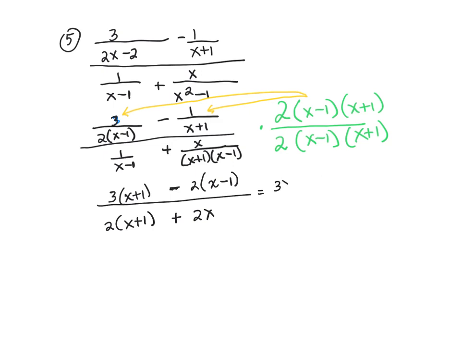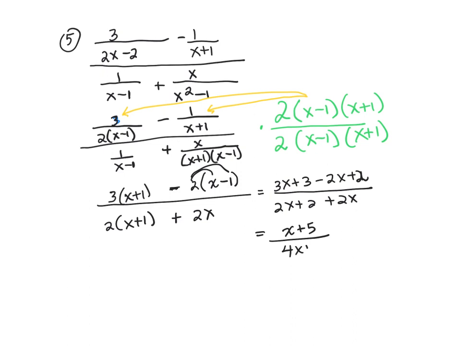Now let's work this out, distribute and combine like terms, and see if we could factor. So we get 3x plus 3 minus 2x plus 1 plus 2, because we're distributing here, over 2x plus 2 plus 2x. And combining like terms, we're left with x plus 5 over 4x plus 2.